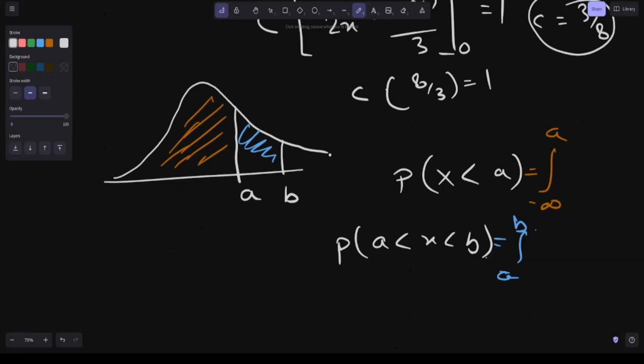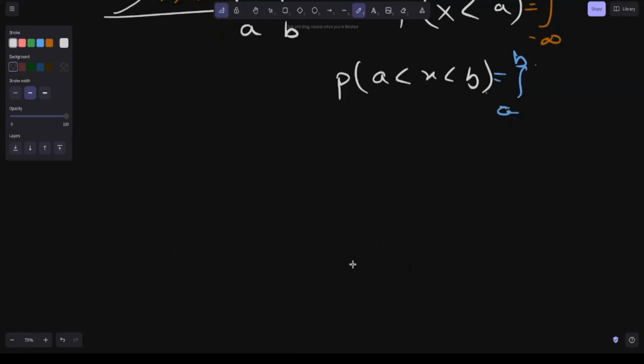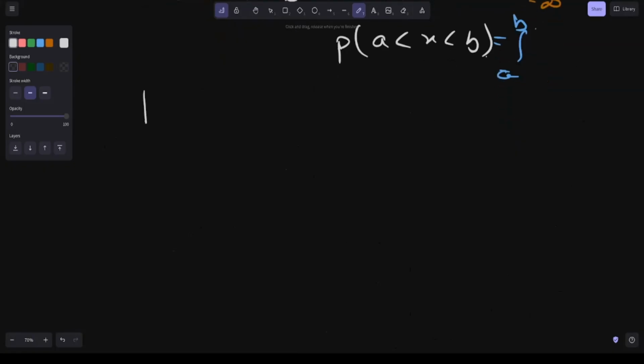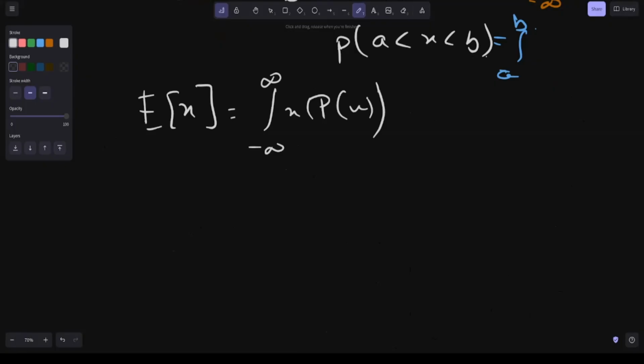These kinds of sums are very common and you will be asked a lot. In this case, expectation is what? Integral from minus infinity to infinity of x p(x). So let's say I have a function 2x from 0 to 1 and 0 else.